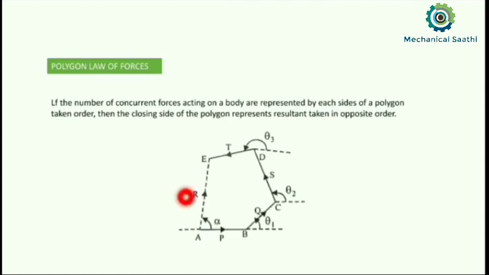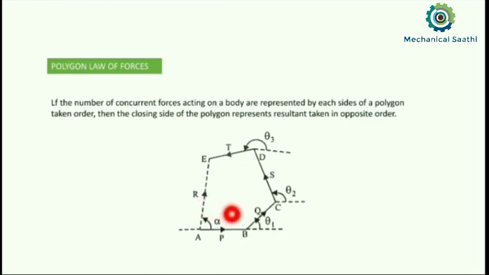Here AB is a force, and there are a number of forces like 1, 2, 3, 4. These are 4 forces acting on a body, represented by the sides of a polygon. The closing side of the polygon will be the resultant for this kind of system.